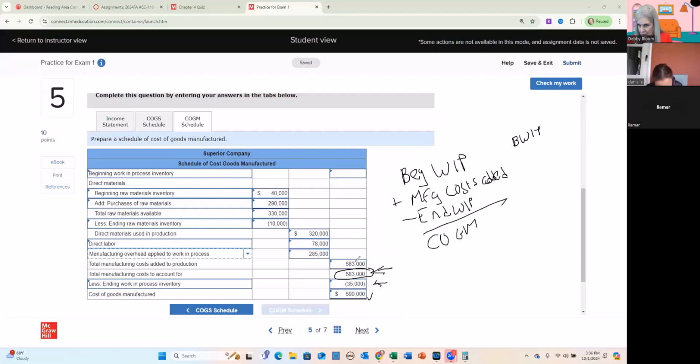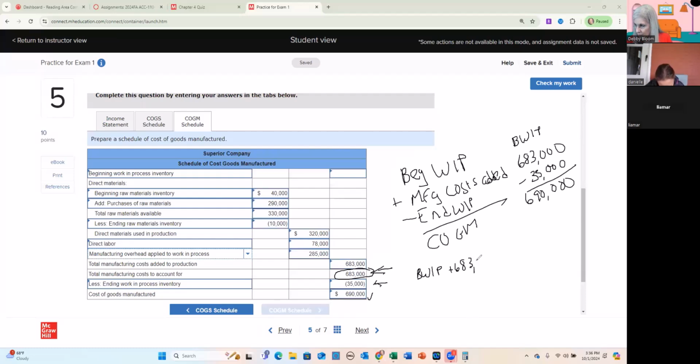I do know my manufacturing costs added to production are $683,000, my ending work in process is $35,000, and my cost of goods manufactured is $690,000.